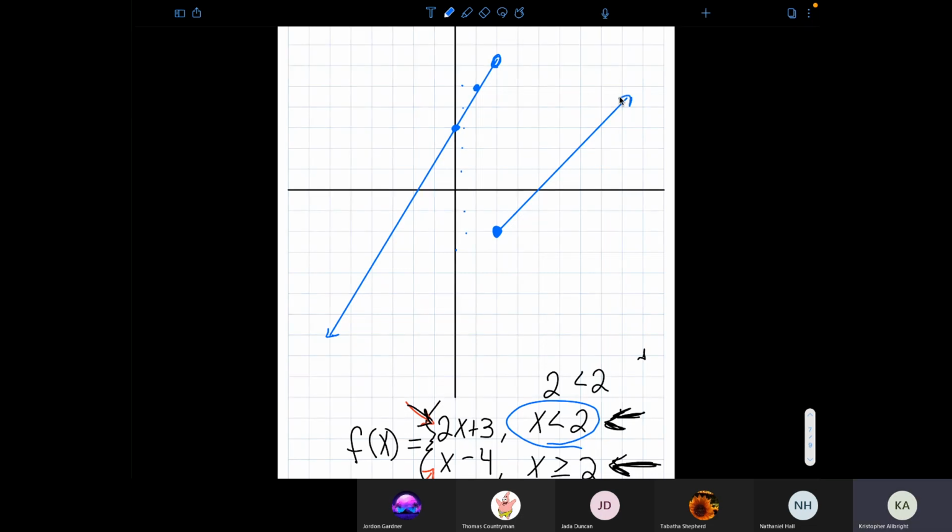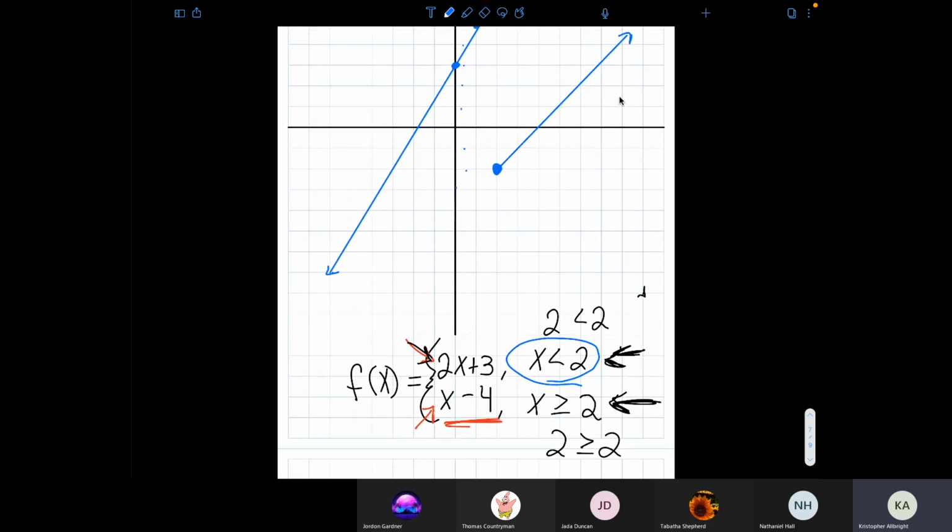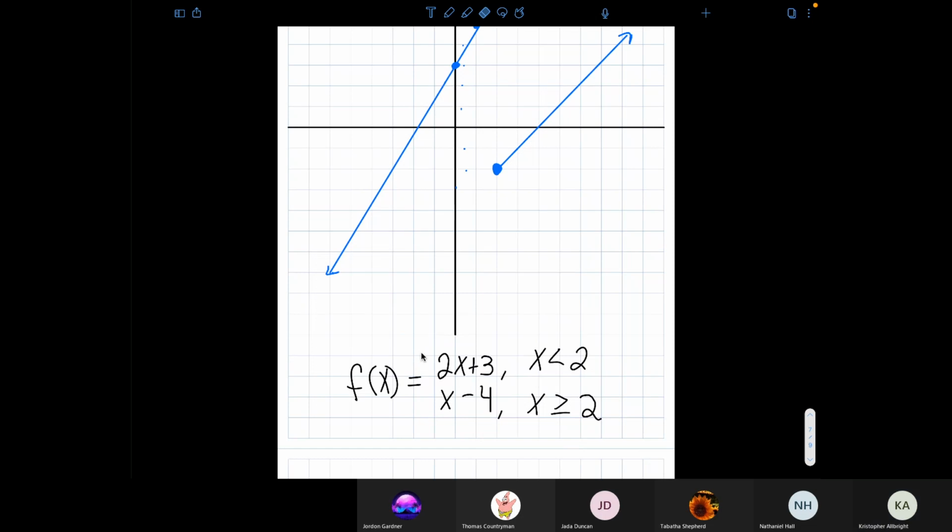Really, it's just dividing the graph into 2 and saying from this point to this point, we deal with this, and from this point to this point, we deal with this. So as long as you can graph both of them and identify where the graph changes. So right here, we look and we say, okay, 2 is the point that it cares if it's less than or equal to.